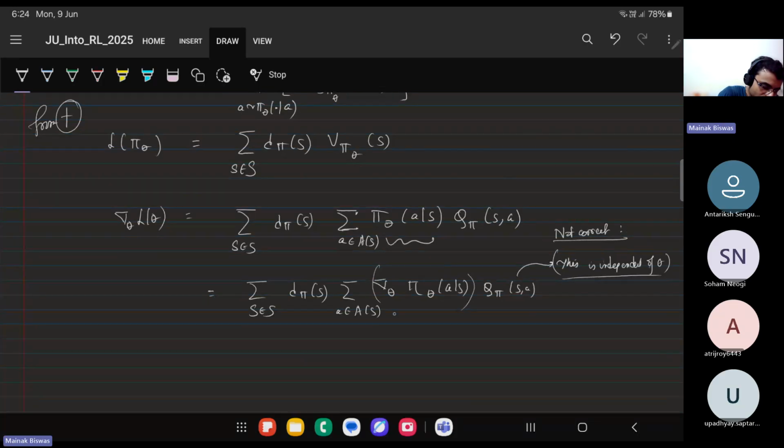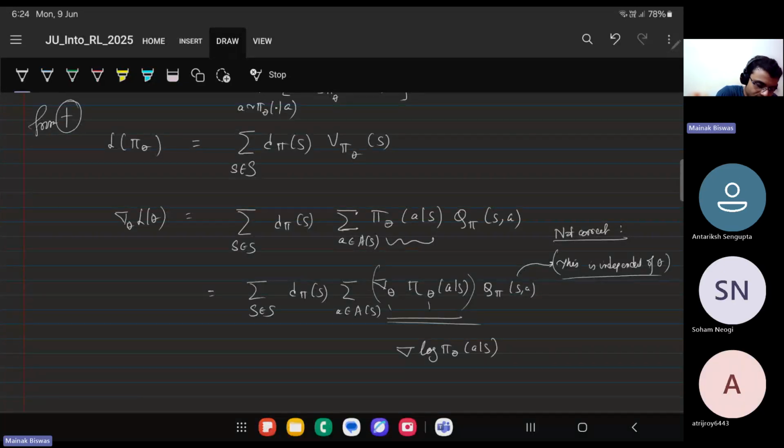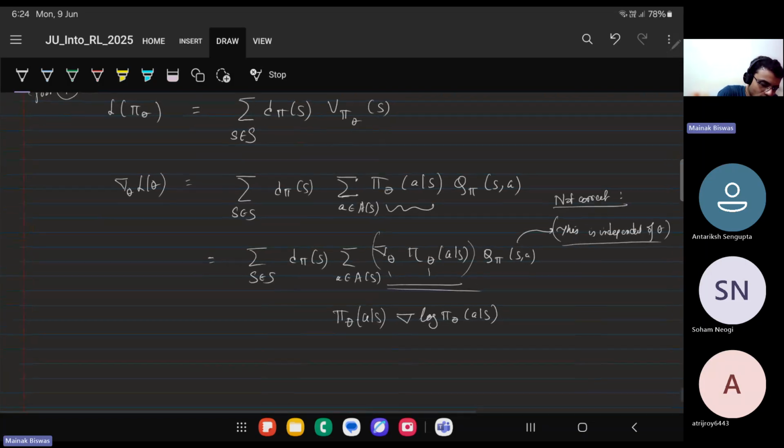So when I say that since I've written theta here, this is a dumb way to remember, and then I'll just keep this as log of pi theta of a given s into pi theta of A given S. That's what I had written down.